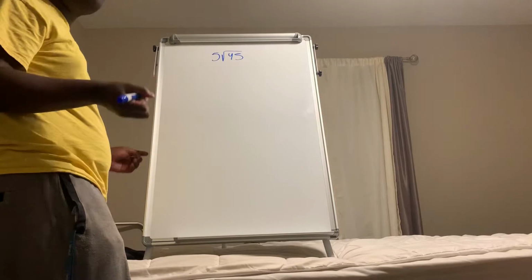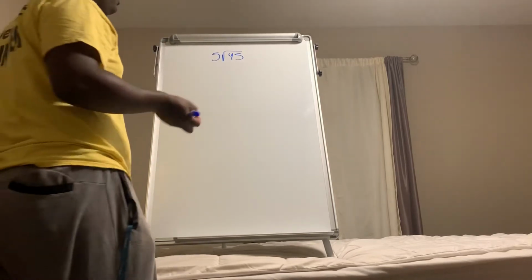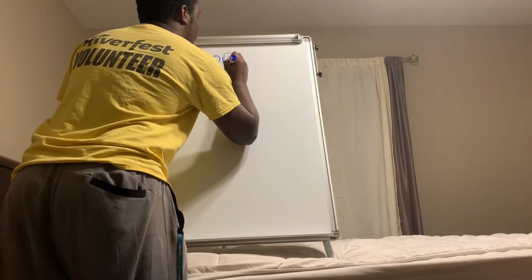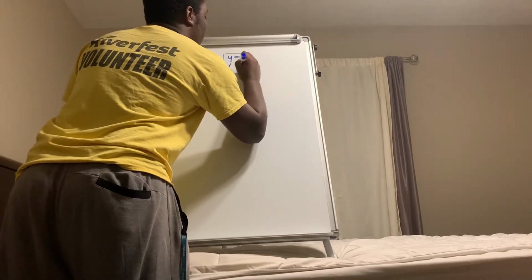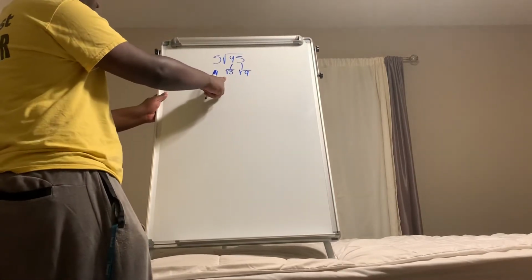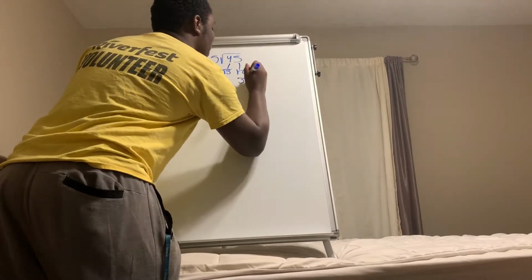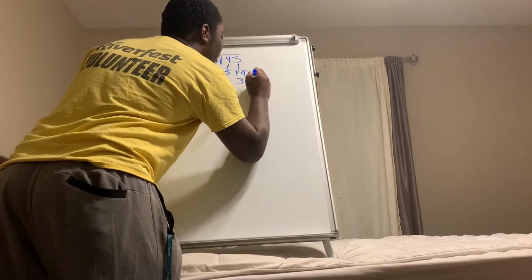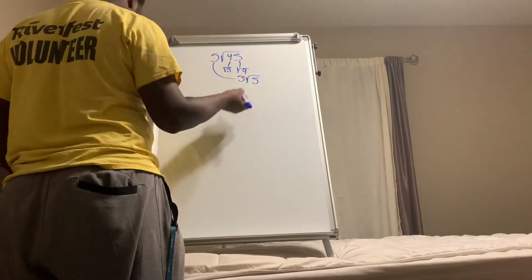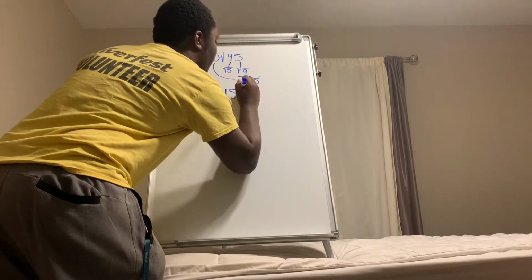So we're going to use the exact same answer to find this new one. Everything's still the same. We're going to take the square root of 5 out and the square root of 9. The square root of 5 has no perfect square in it, so we're going to keep that the way it is. The square root of 9 is 3, so it's going to be 3 square root of 5. We still have this 5 on the outside. We're going to multiply it with this 3, and that answer is going to be 15 radical 5.